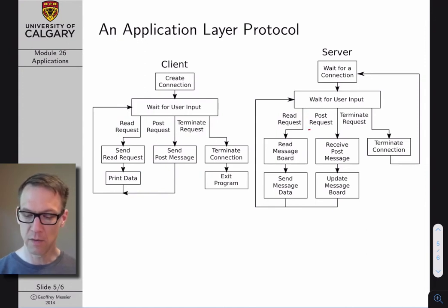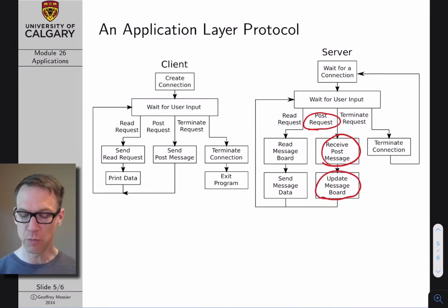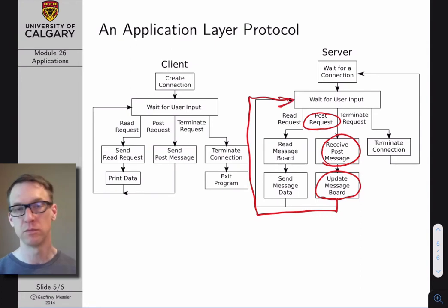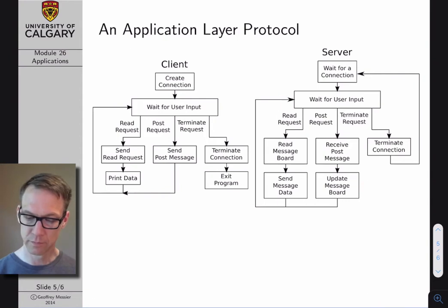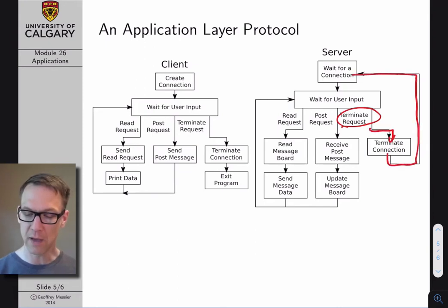If we receive a message post request from the client, we're going to receive the message, update the message board with the new message, then go right back and wait for more user input. If we receive a terminate request, we're going to terminate the current connection with the client and then go back up and wait for a new connection from a different client.